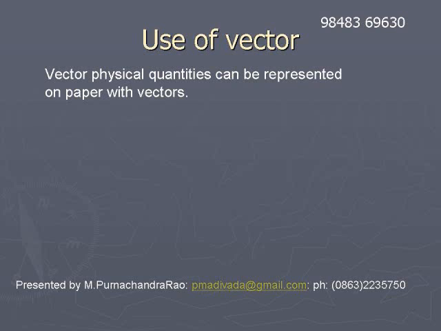Those vector physical quantities can be represented on paper with vectors. For example, if you take a force of 100 newtons acting due east, this force can be represented by a vector.